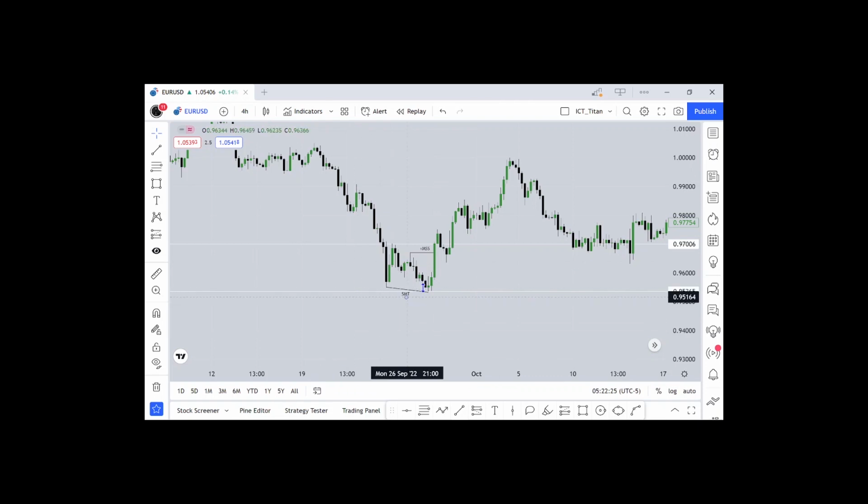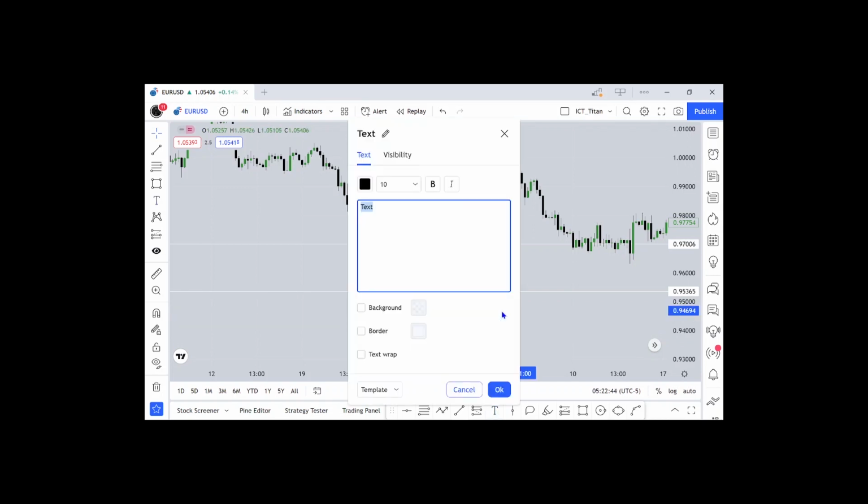So we will go and look at this particular area, specific to Sunday 25th September to Wednesday 20th September on the US dollar index. We will check it against the US dollar index.